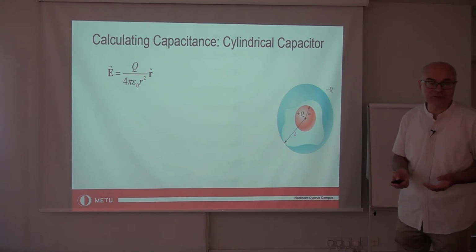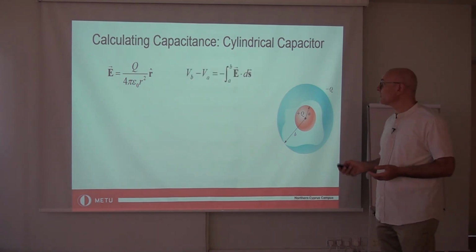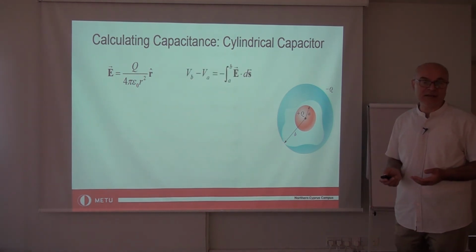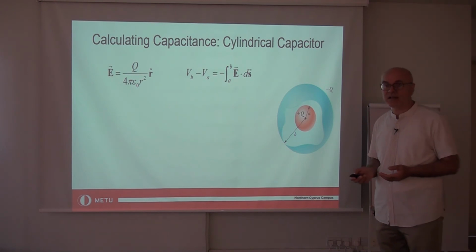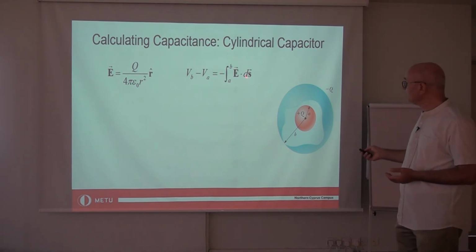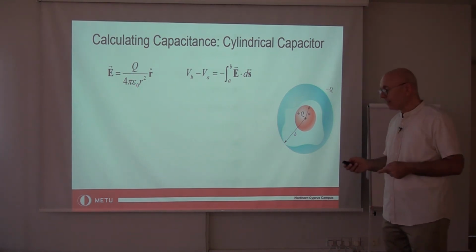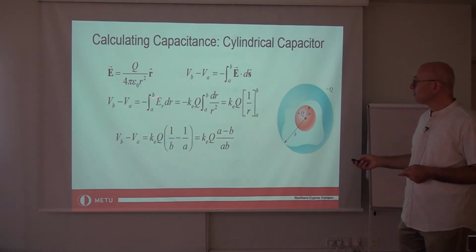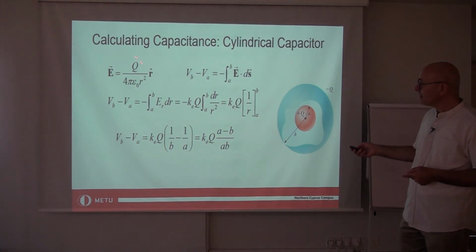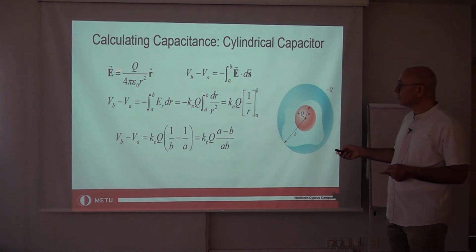That's all you need in order to calculate their potential difference. So the potential difference can be calculated using this integral. Again, take ds radial, which will be just dr r hat, and therefore the integral will reduce to just E_r dr, where E_r now is this expression here, the magnitude of E.